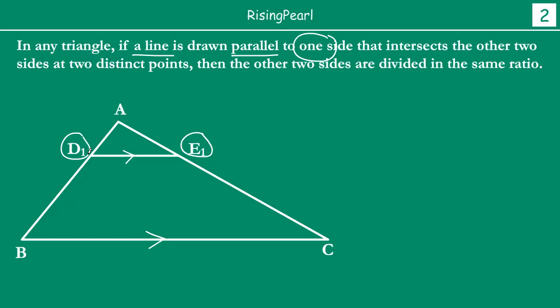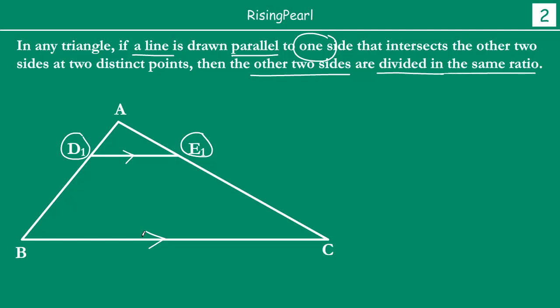Obviously, because we have drawn a line parallel to the third side BC, this line intersects AB at D1 and AC at E1 respectively. Then the other two sides are divided in the same ratio.